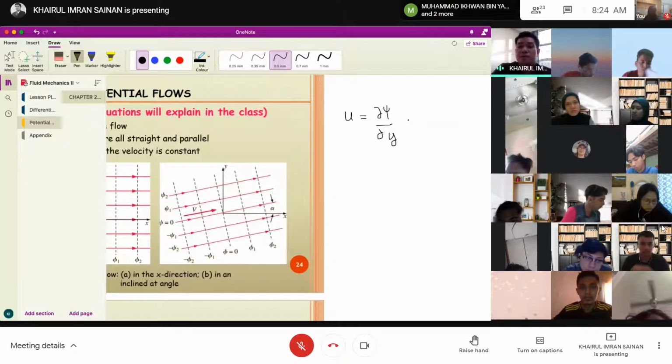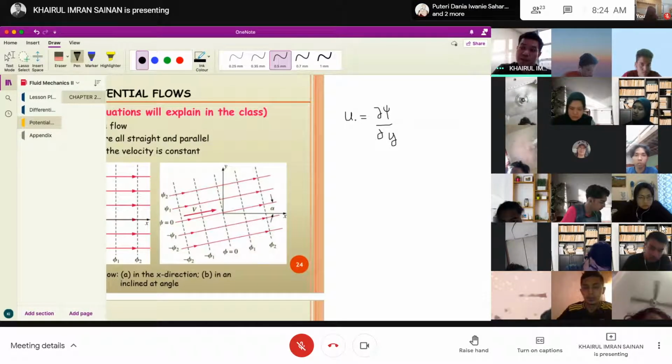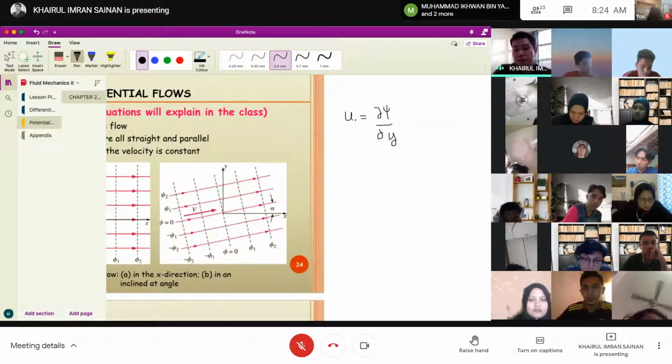Our objective here is actually to find psi. Perhaps u is given, like in our previous example, u equal to 4x plus 2xy, for example.